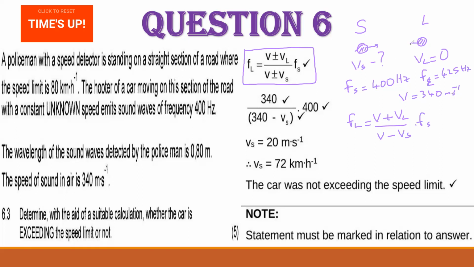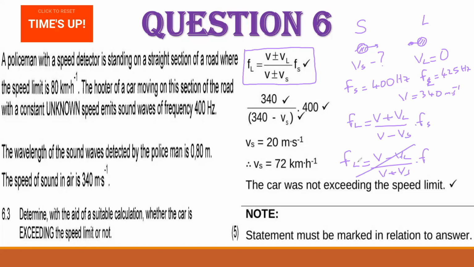Maybe one is stationary, otherwise, maybe both of them are moving toward each other, maybe one is moving toward the other. But if they are coming closer to each other, we are using plus minus. But if they are going away from each other, V minus VL and V plus VS. Is it clear? So we are using it this way.